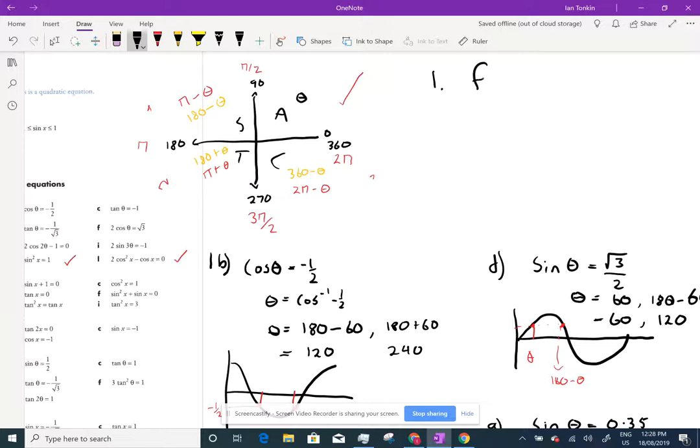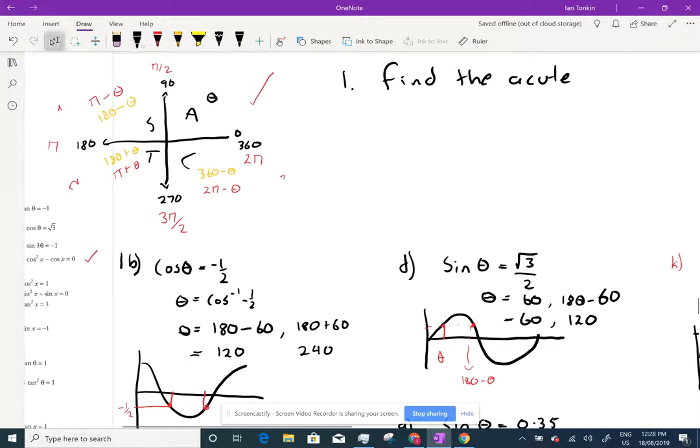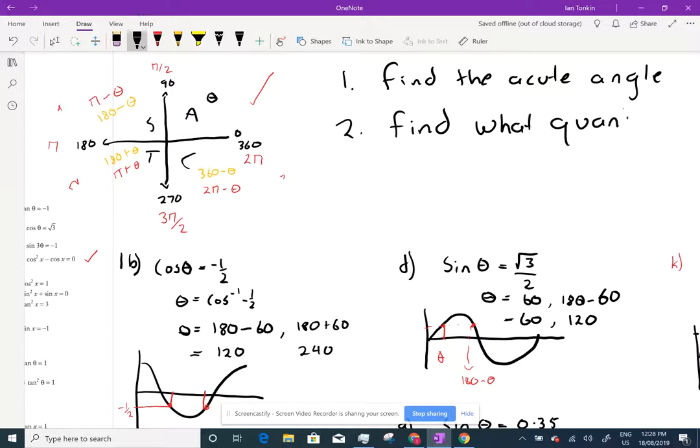Find the acute angle. So you should write that down. 1, find the acute angle. 2, find what quadrants.